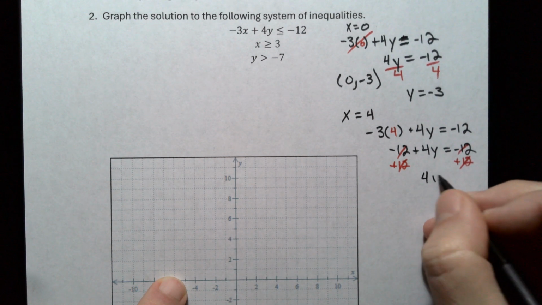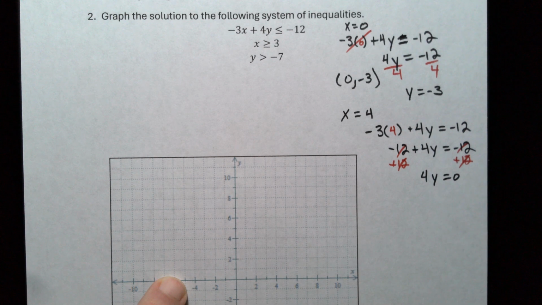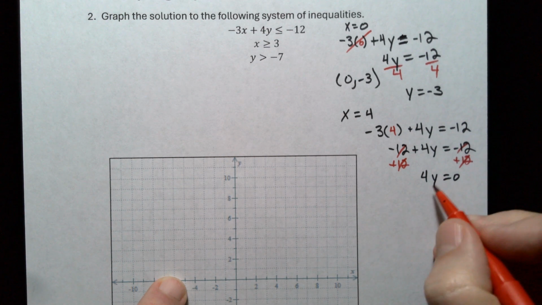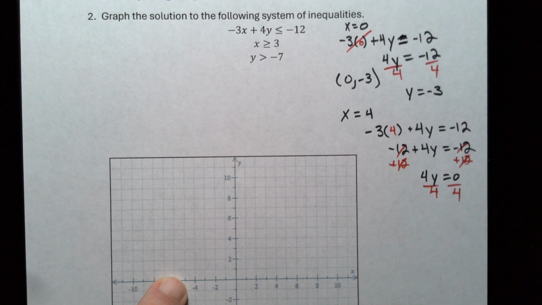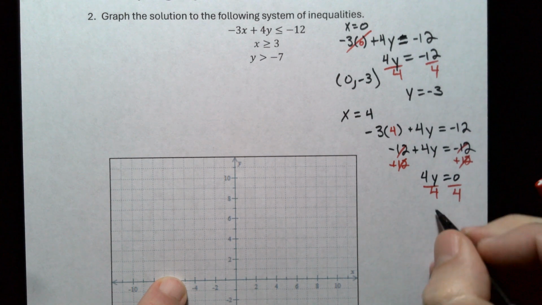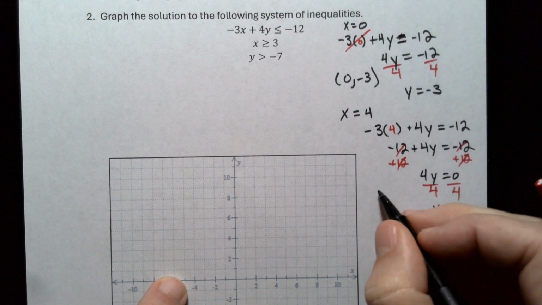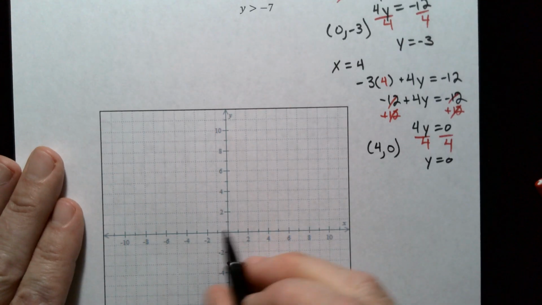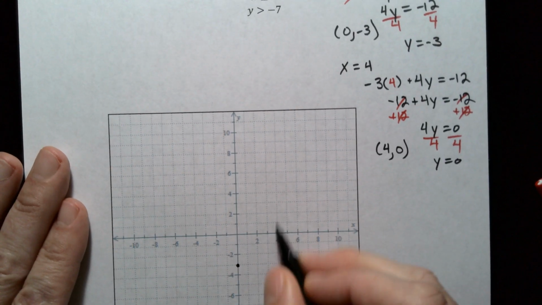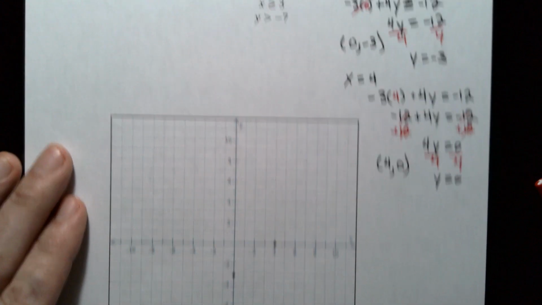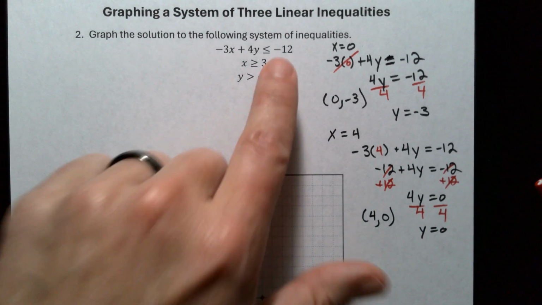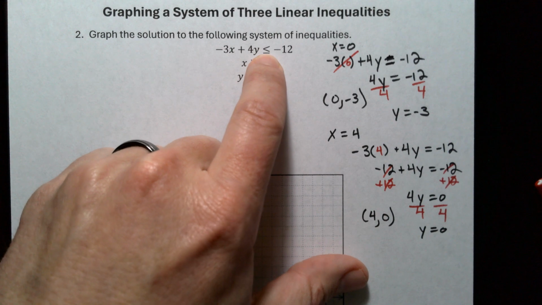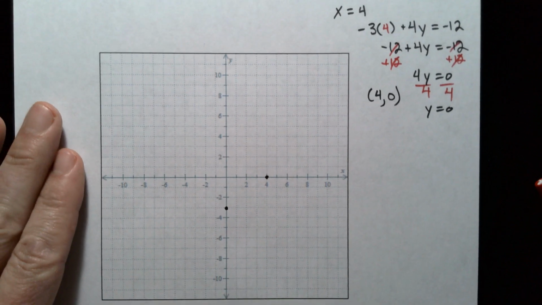So you get 4y is equal to 0, and of course, if you divide both sides by 4, it's still 0. So y equals 0, so our point is 4 comma 0. So I go to 4 on the x-axis, and 0 means not up, not down, so right on the x-axis. This is going to be a solid line because it has a less than or equal to underneath it, so let me graph that really quick.